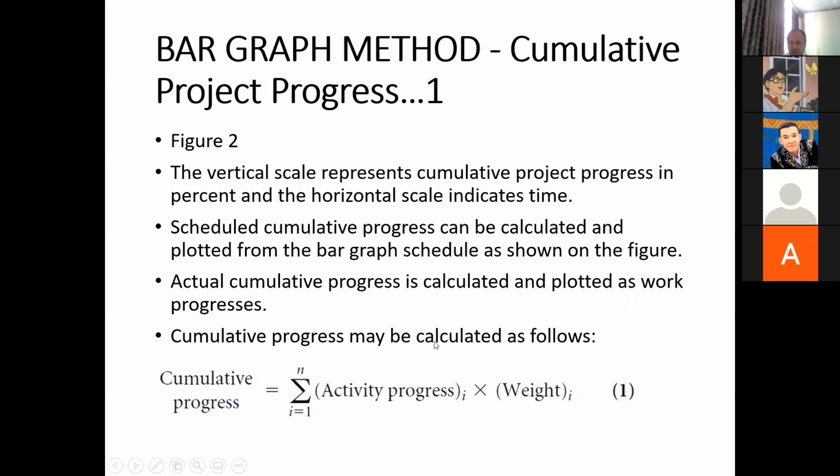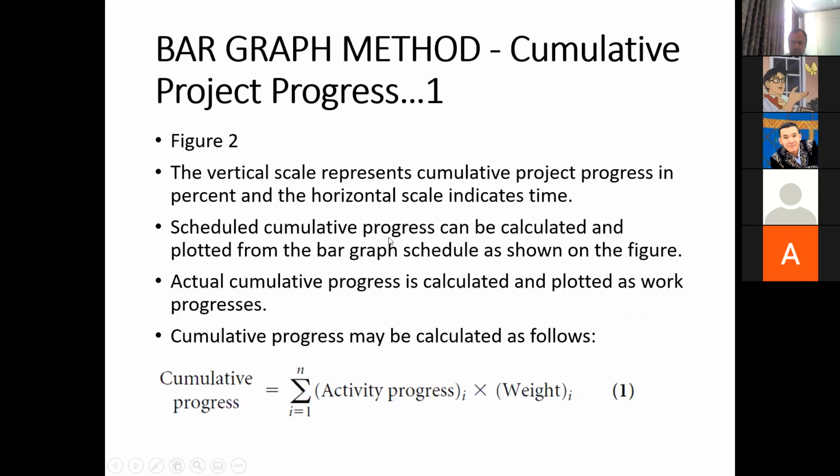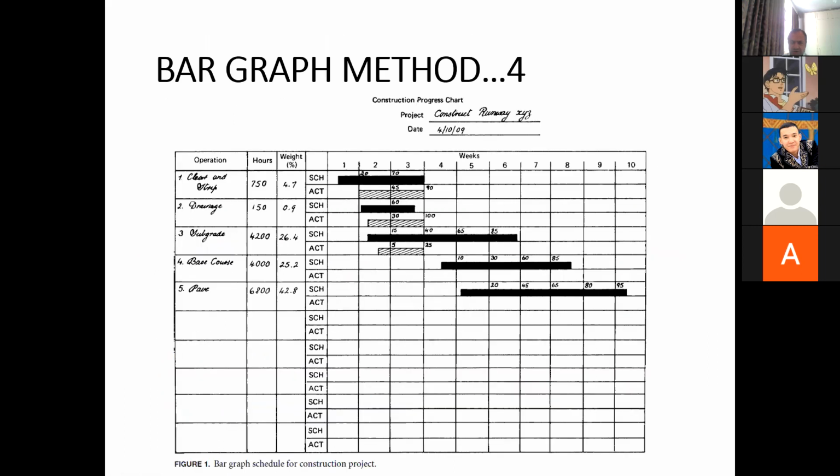You do it for all activities, and then take the sum of those products, and then you can measure the progress. So for example, at the end of the first week, the progress is 0.9%. How was this obtained? For this, we'll go back to this first chart.